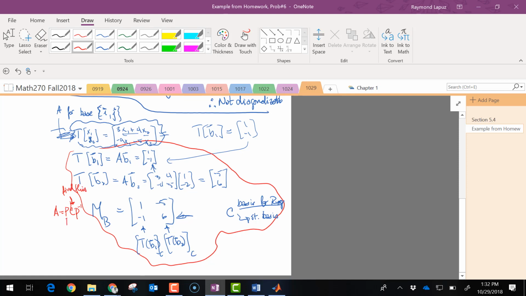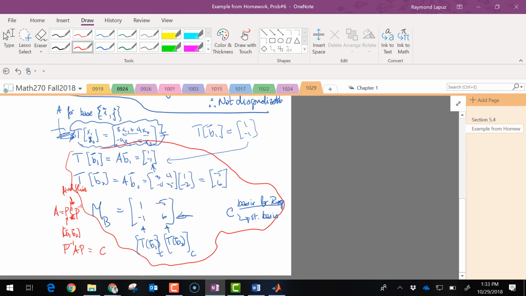And P is a matrix made of B1 and B2, so it's made up of those two vectors. If we're trying to solve for C, we would multiply by P inverse on the left side and by P on the right side.